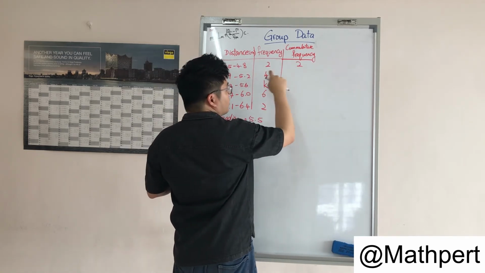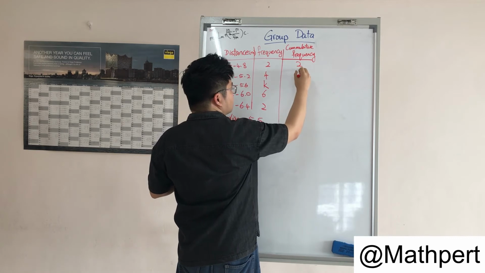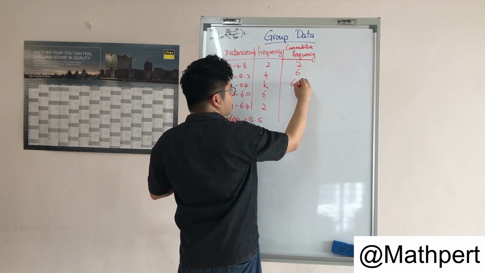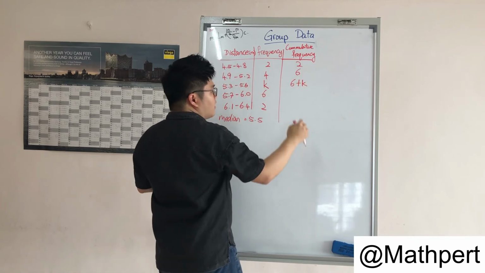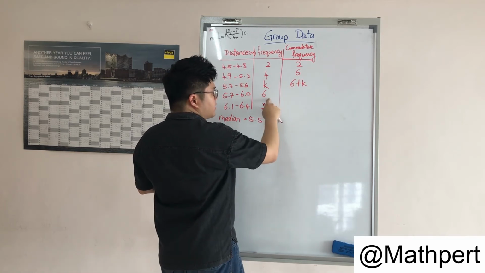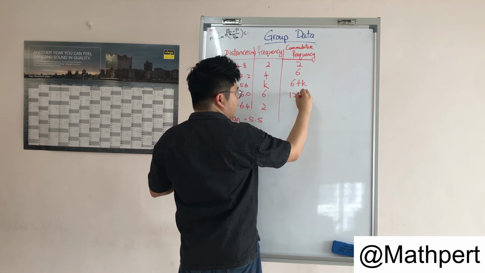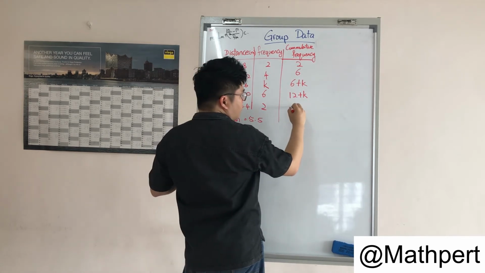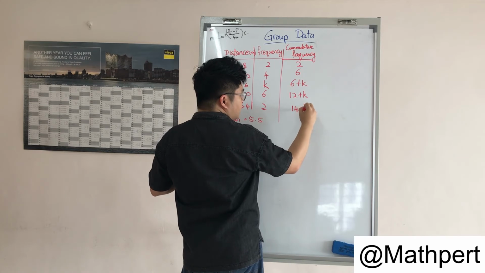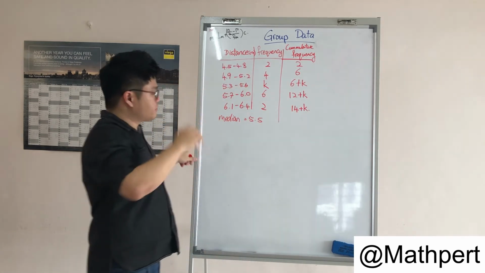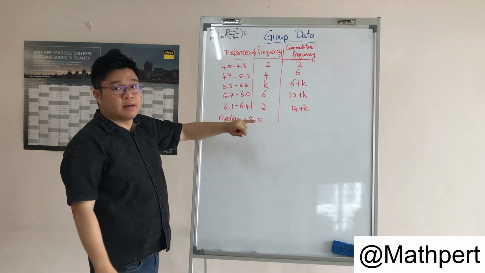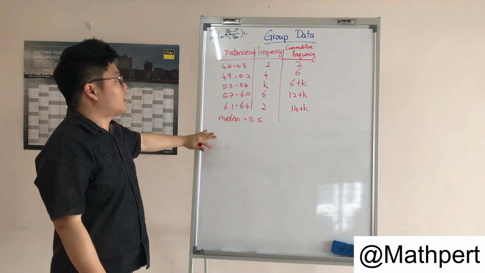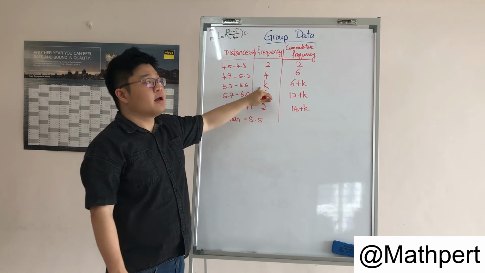Second one is 4 plus 2 is 6. 6 plus k is 6 plus k. 6 plus k plus 6 is 12 plus k. 12 plus k plus 2 is 14 plus k. Okay? And we got the median 5.5 given by the questions, and we are asked to find the value of k.